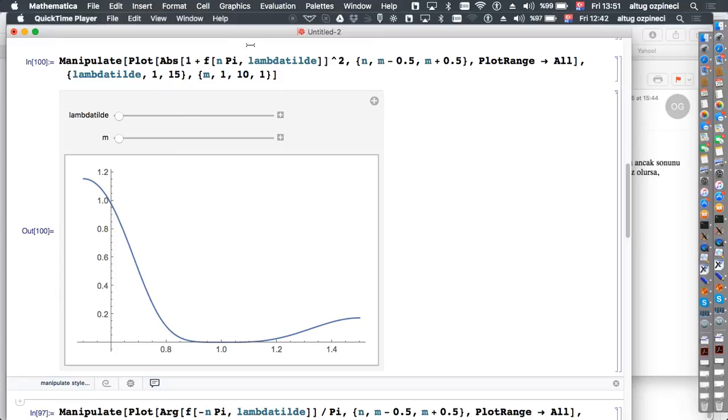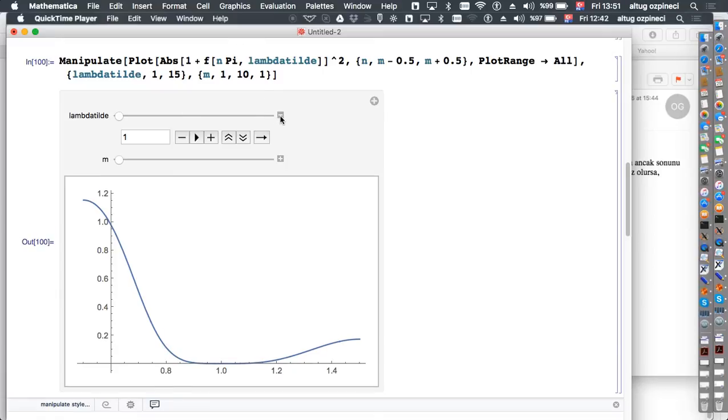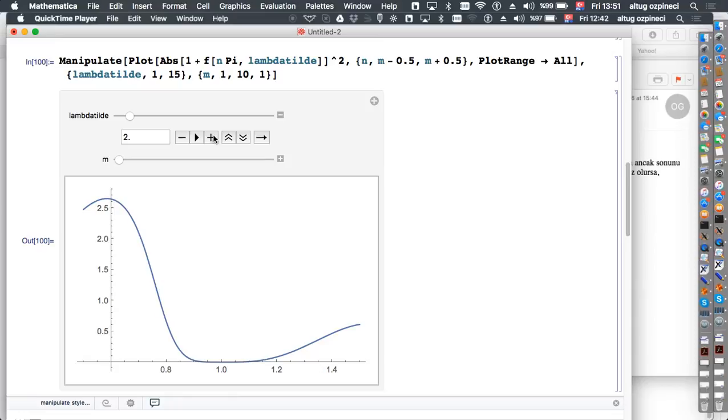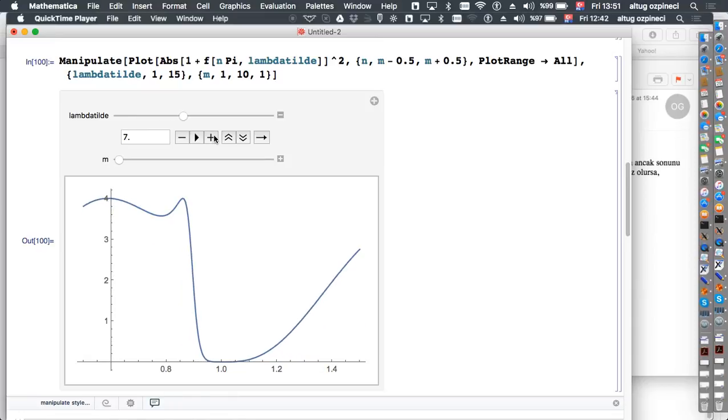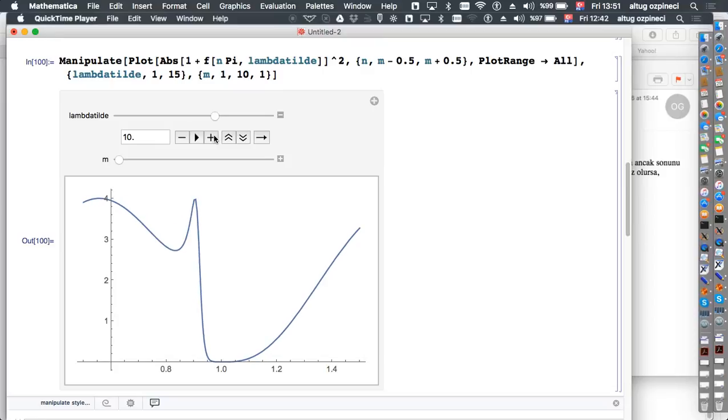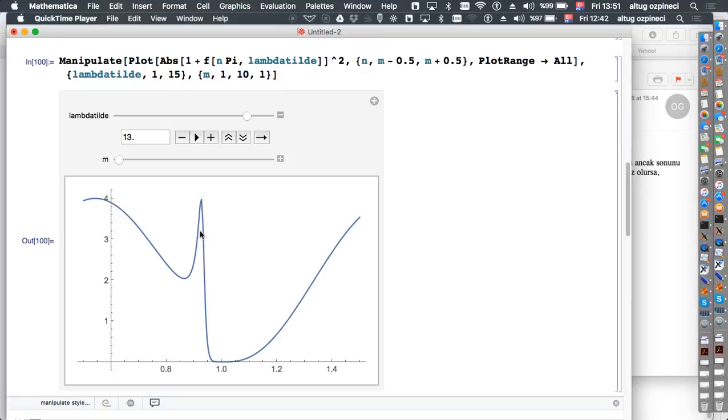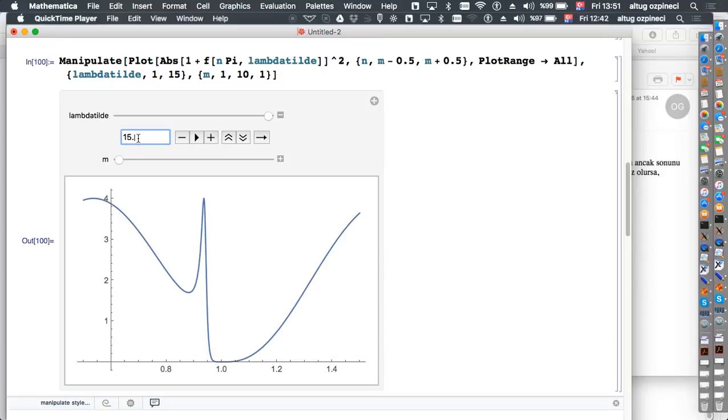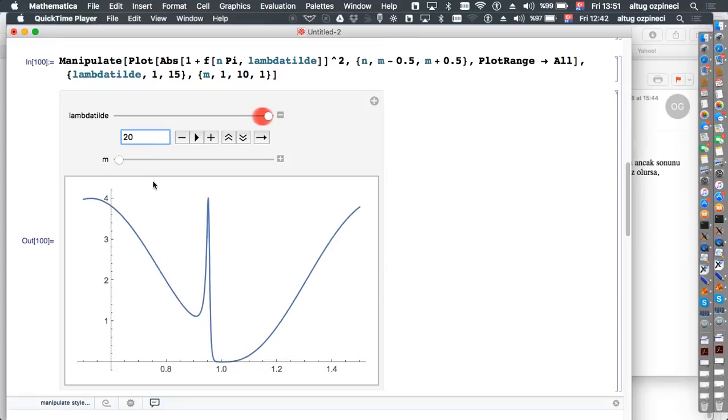Now, if we increase lambda, it's approaching the real axis, and now we have this peak in the scattering. This is basically what we observe in experiments for resonances.